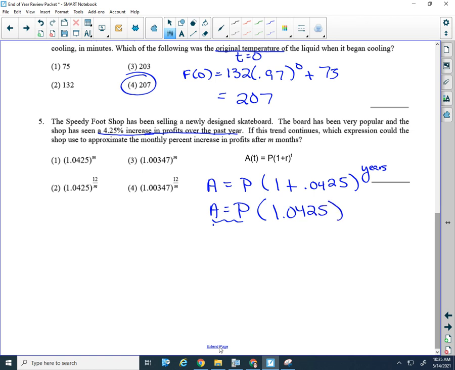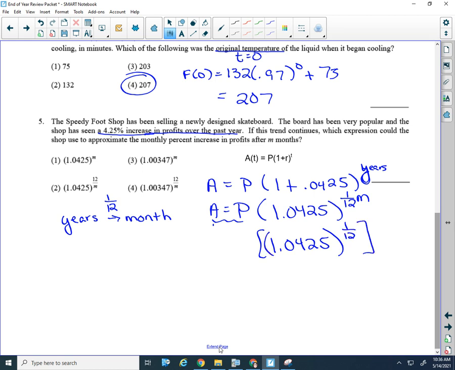Now we have to do a time conversion from years to months. Because our time goes from bigger to smaller, our new exponent is going to be a fraction. So I'm going to write 1 over 12, and instead of my Y value, this becomes M for months. And now to figure out what our actual rate is, I'm going to do 1.0425 raised to the 1/12.